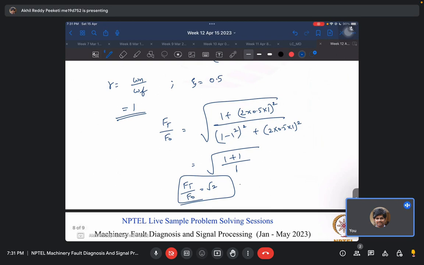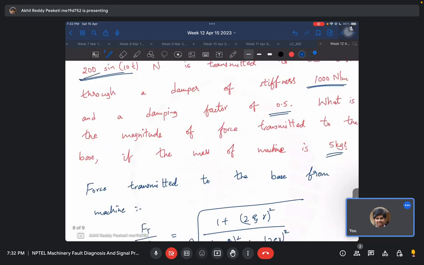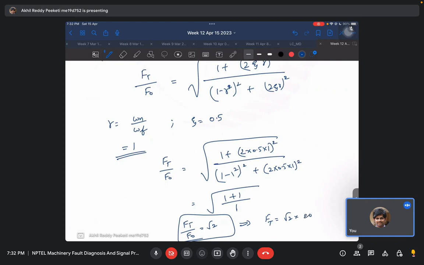So the actual force transmitted would be F_T equal to root 2 into the magnitude of force generated, which is 200 newtons. So into 200, it will be 282 newtons of force transmitted to the base.